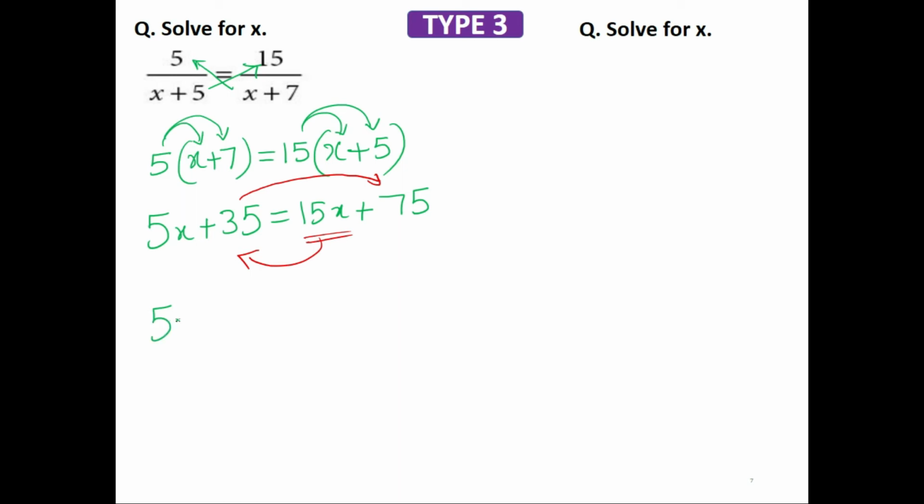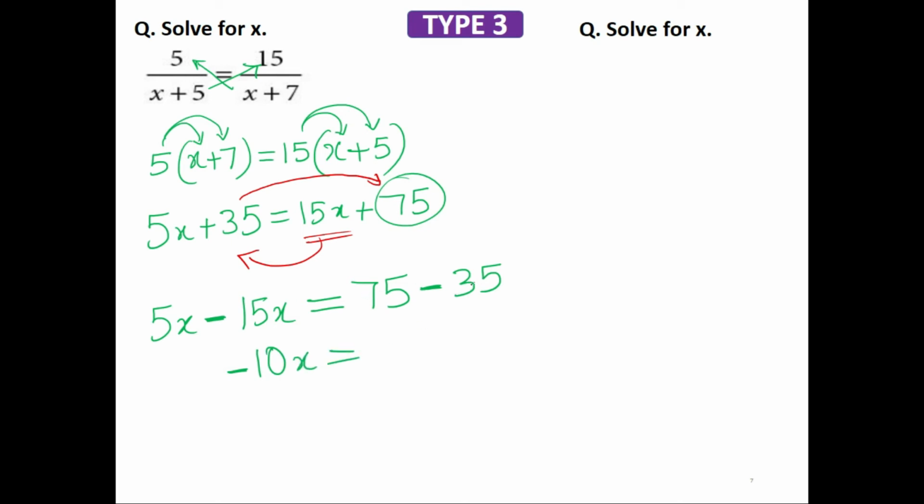By shifting, I'll write 5x. This is the plus 15x that I have, so it turns minus equals, I already have the 75 there. I'll write that first. And then the plus 35 going to the other side becomes minus 35. So 5x minus 15x is going to be a minus 10x. 75 minus 35 will give me a 40.